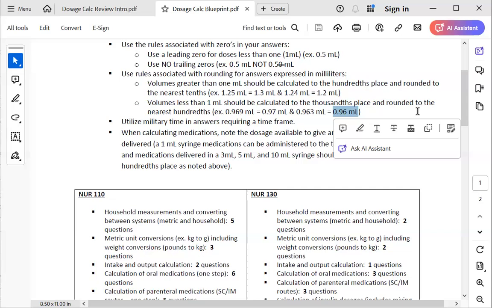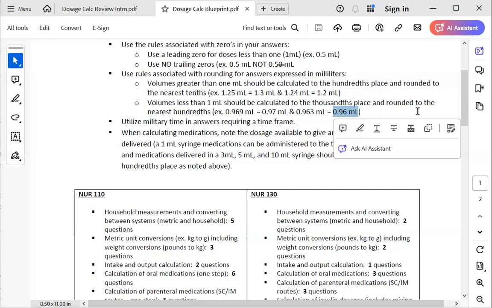Can you get an answer of 0.5? Yeah. And remember, you don't do a trailing 0, so you don't do 0.50. You would leave your answer as 0.5. It's only if there's a number in the hundredths place that you need to worry about that. So less than 1, with more than 1 number past the decimal, you want to incorporate just the 2 numbers, so that way you're being as specific as possible.